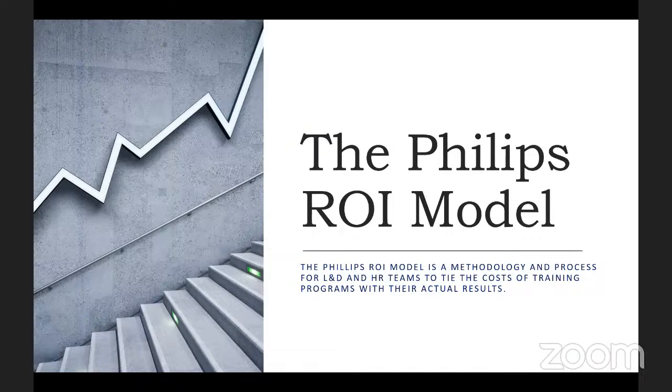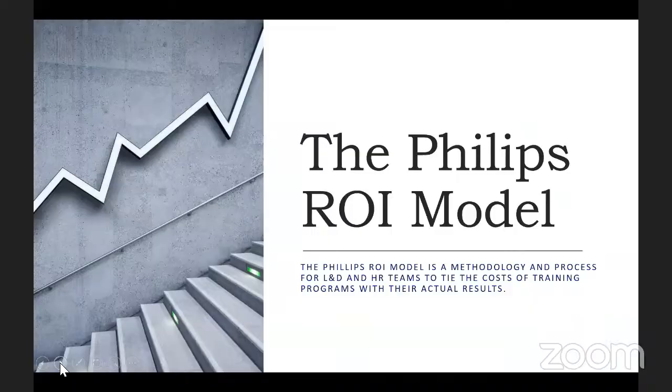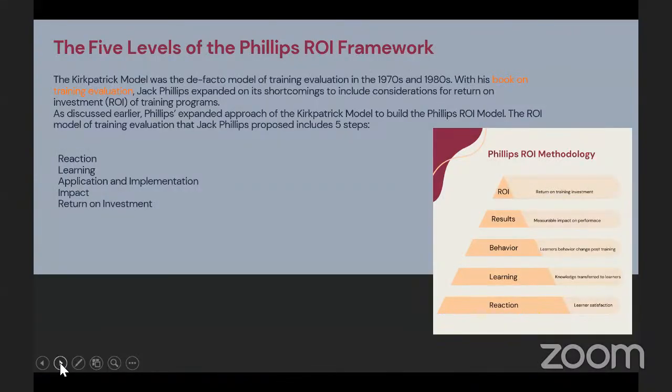This comprises all four levels of the Kirkpatrick model, but one more level is added, which is return on investment. The Kirkpatrick model, which was invented in the 1990s, talks about four levels: reaction, learning, behavior, and results.